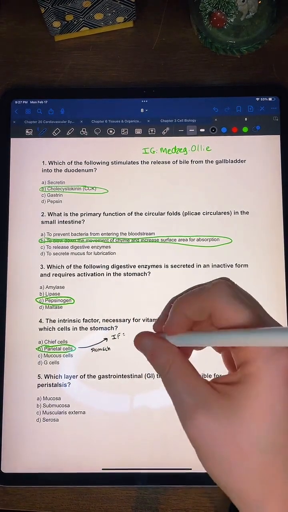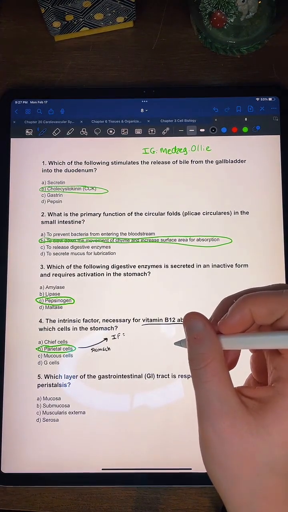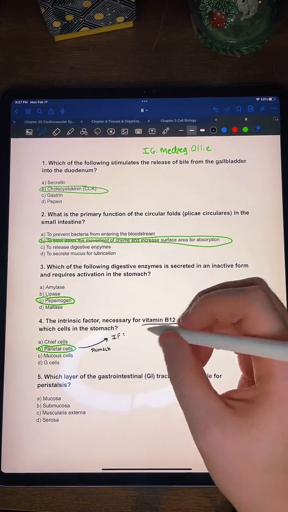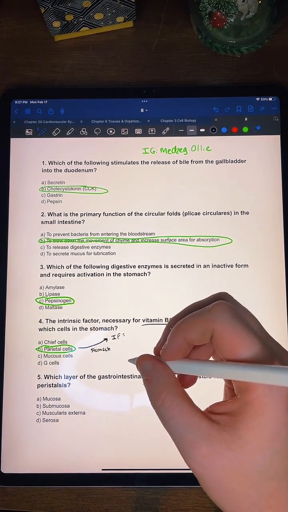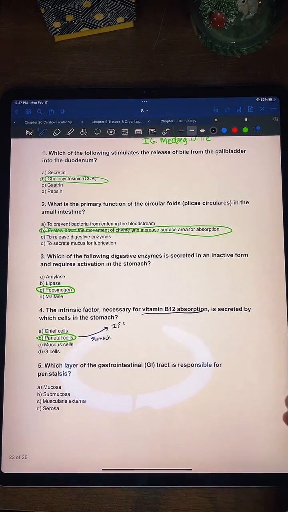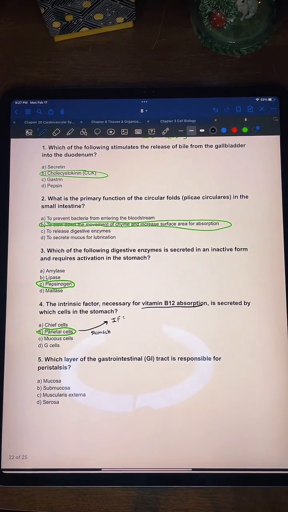And it's responsible for vitamin B12 absorption. So IF, intrinsic factor, binds to vitamin B12 in the stomach. So hopefully that answered that question.